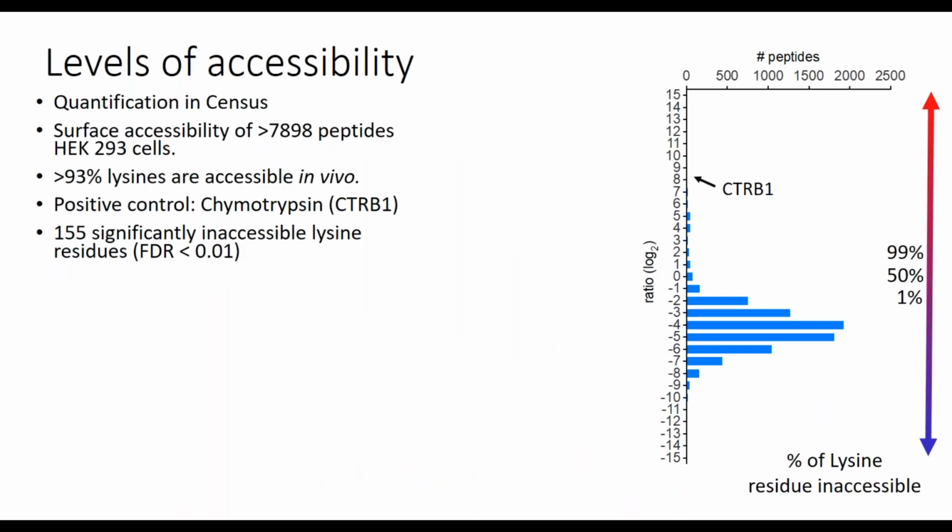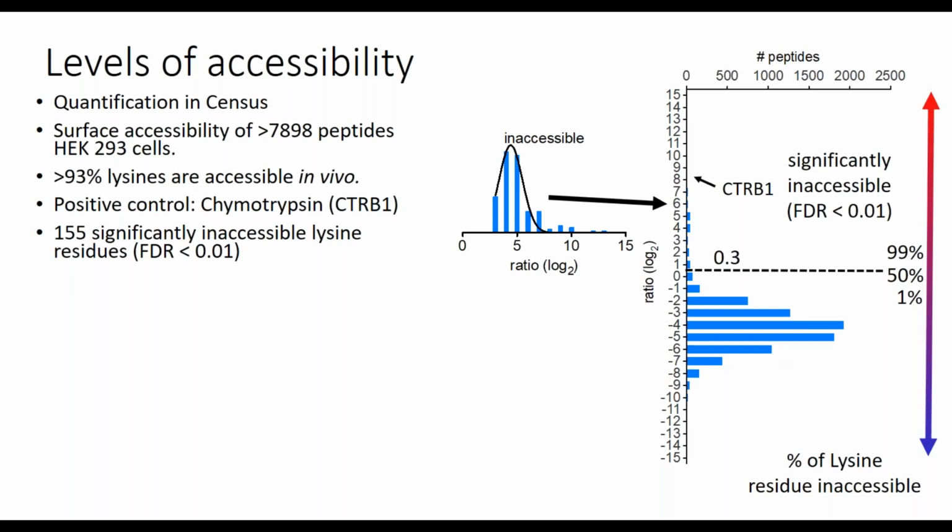This is one example of an experiment in which we analyzed HEK293 cells. We were able to quantify almost 8,000 peptides, and at the right you can see the distribution of the ratios. Most of the ratios were negative, meaning that more than 93% of the lysines were accessible in vivo, which is what we expect.